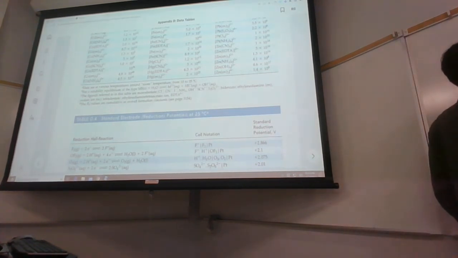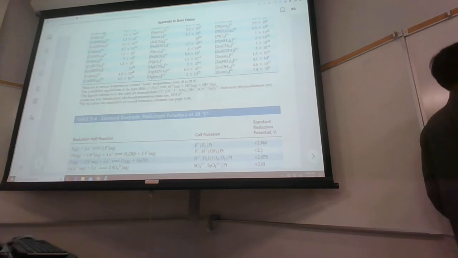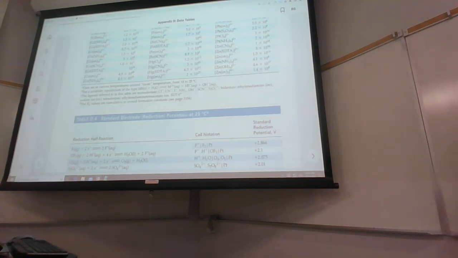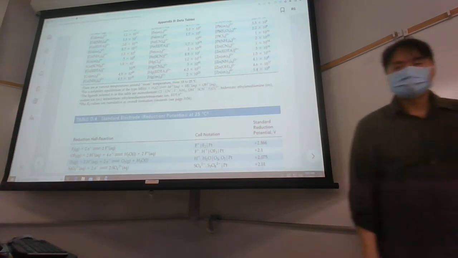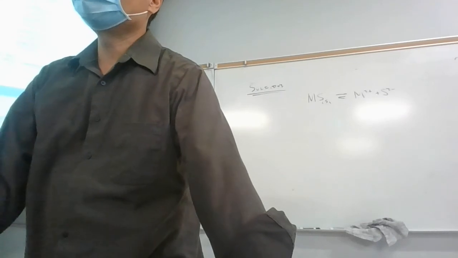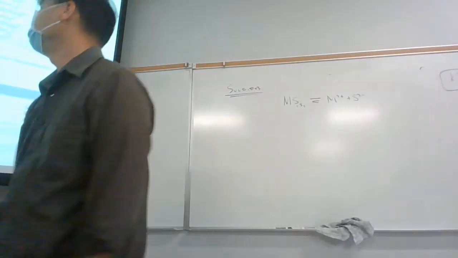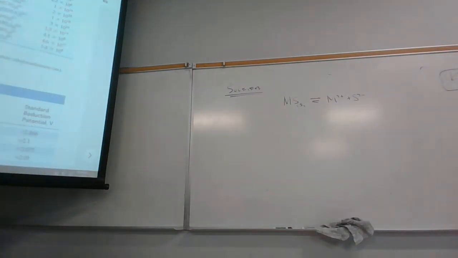So we have MS solid, where M is just some 2+ metal cation. If we look at the normal KSP equation, we have M2+ plus S2 minus. There's a problem with the normal KSP equation, and that is sulfide is too powerful of a base to exist in water. On this chart, sulfide is misplaced.